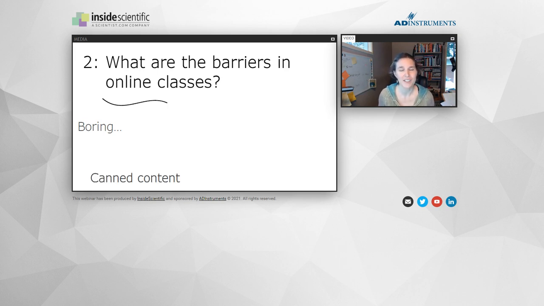Other barriers. If anybody's used any of the virtual experiments, they're canned. The students push a button and then it just unfolds in front of them. And that kind of canned content, I would argue, is boring. And it also sort of misses the point.